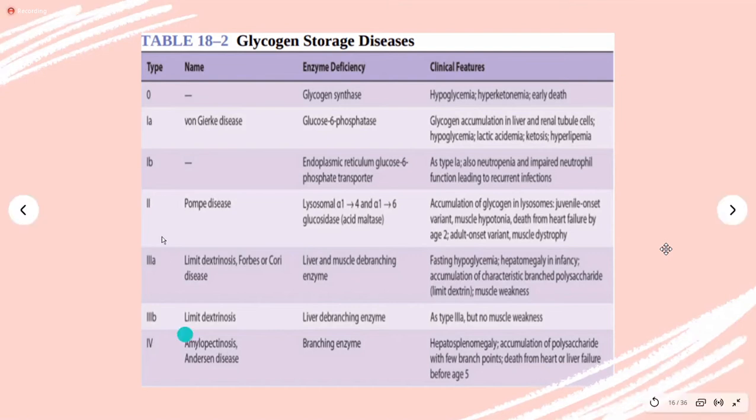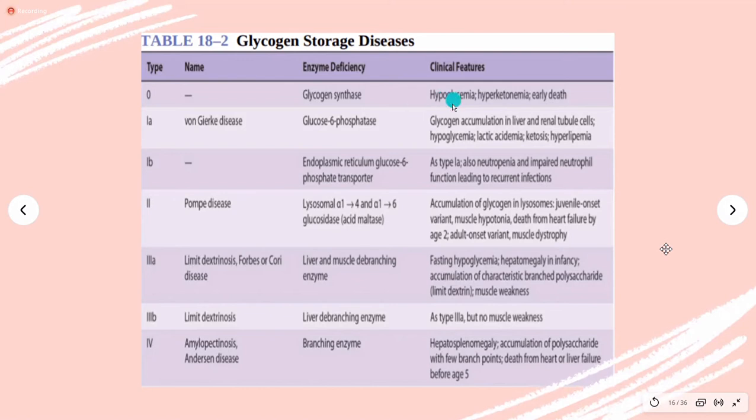So you have here type O, absence of glycogen synthesis. So features hypoglycemia because you do not have glycogen. So what happens?